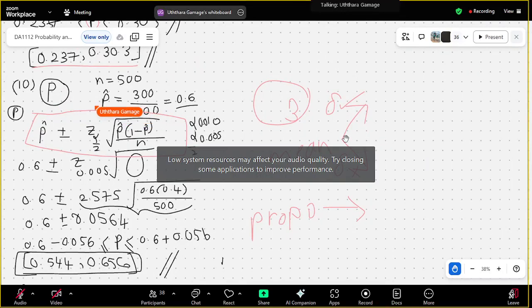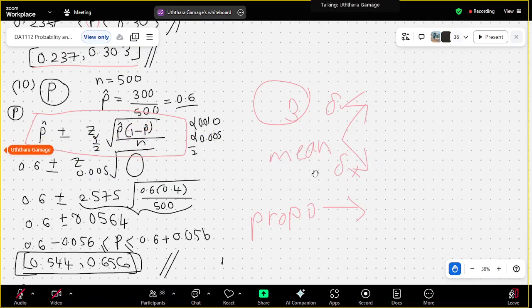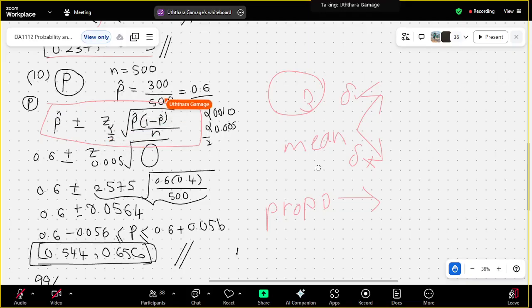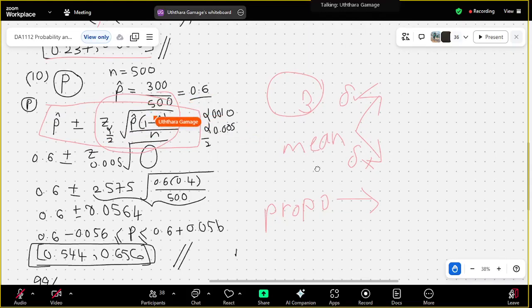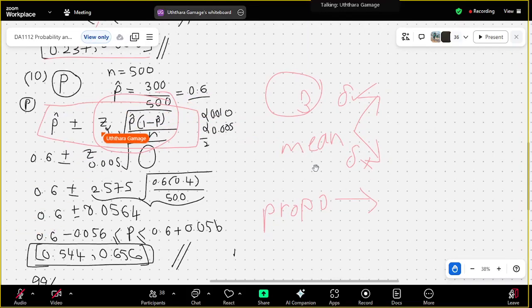Sometimes you may not be asked to construct the confidence interval, but to find the margin of error. In that case, you have to consider only this part. That's the margin of error. Together with the point estimation, it makes a confidence interval. But if you are asked only to find the margin of error, you have to find this part only, right?